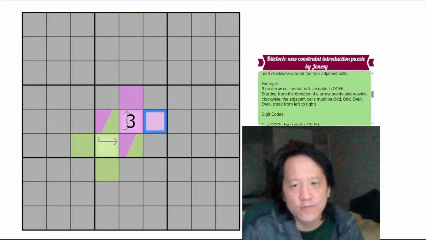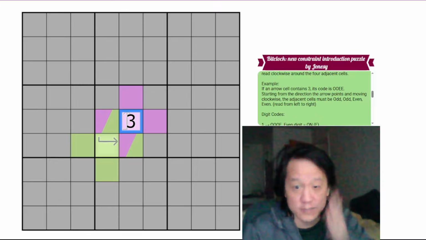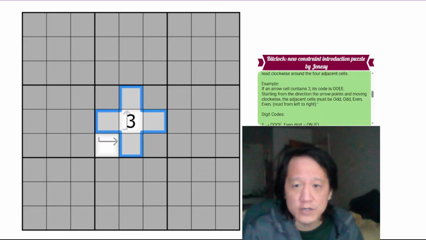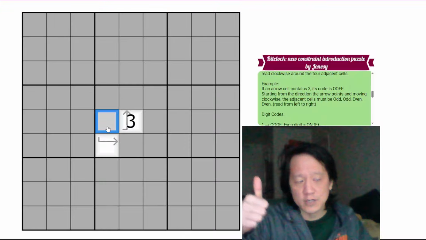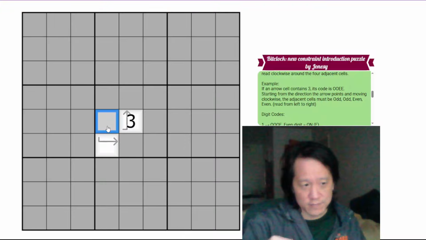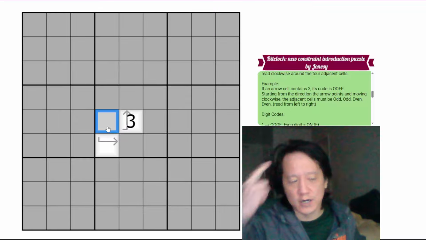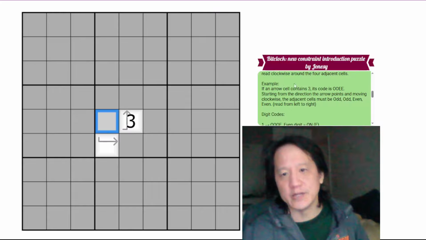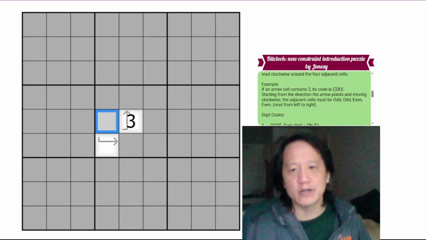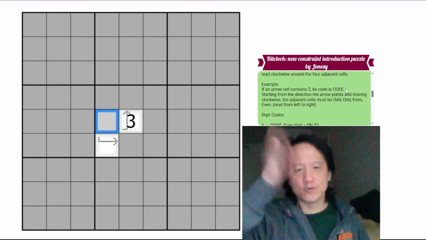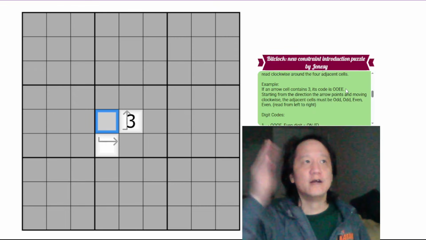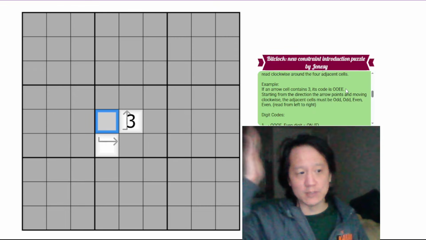For example, if an arrow cell contains a 3, which this does, its code is odd, odd, even, even, because the odds are considered off and the evens are considered on. So in binary code, the rightmost digit is going to be the ones bit.